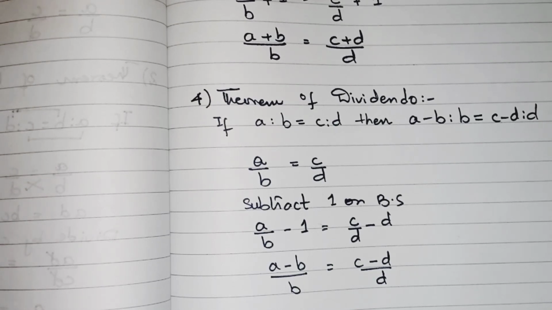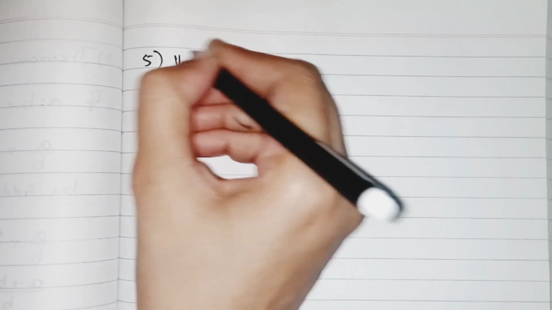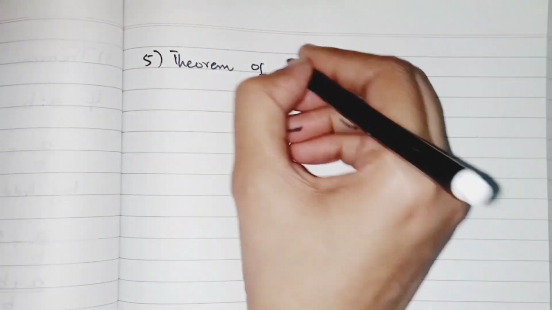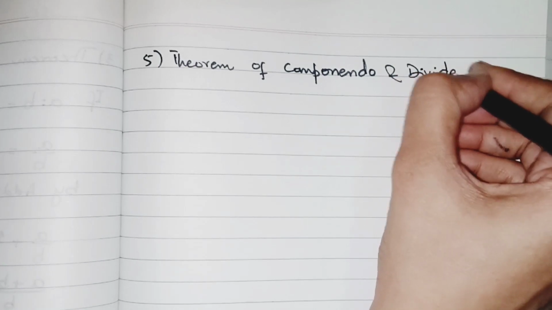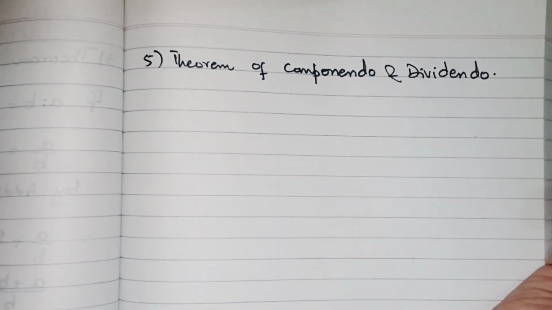Now moving toward the fifth one, which is the most important theorem of proportion. Number 5, and the last one, is the theorem of componendo and dividendo.